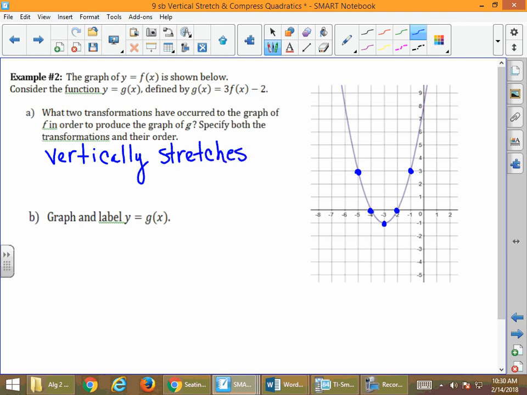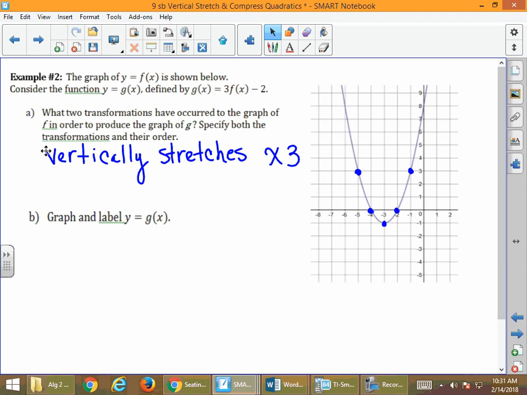And I'm even going to add in by a factor of 3. That's what it says. Times 3 is my abbreviation there. By 3. That means in a moment we're going to have to multiply all our points, the y values of our points, by 3. But we also have minus 2, and how does minus 2 transform our function?